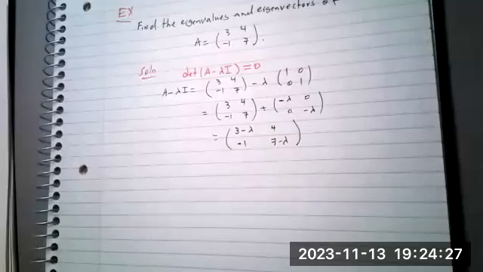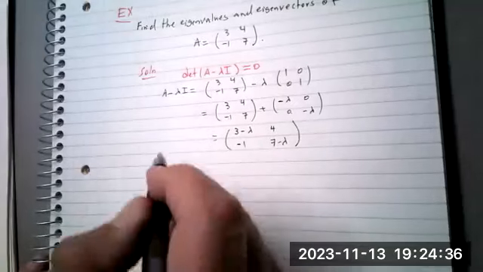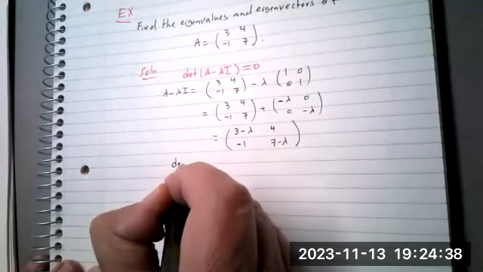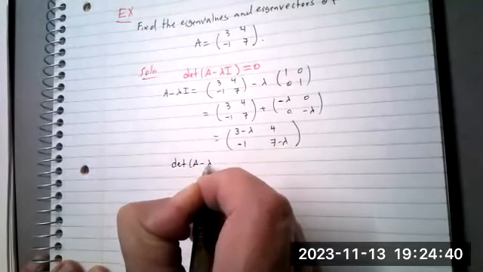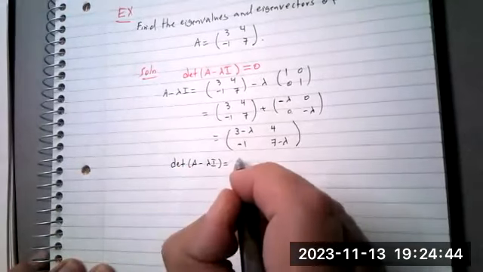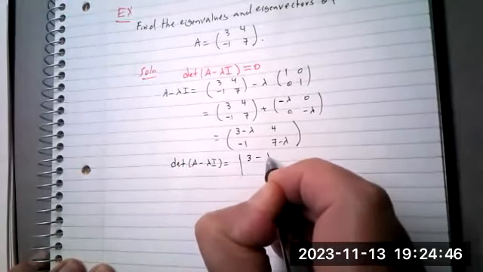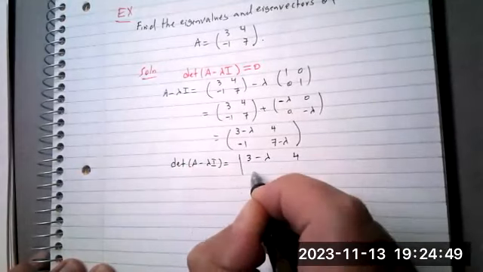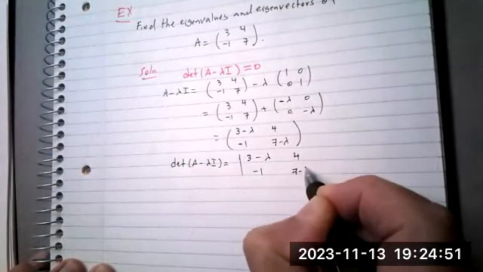On the main diagonal, we take out the lambda. Now we find the matrix determinant. The determinant of A minus lambda I is the determinant of this matrix, 3 minus lambda, 4, -1, 7 minus lambda.